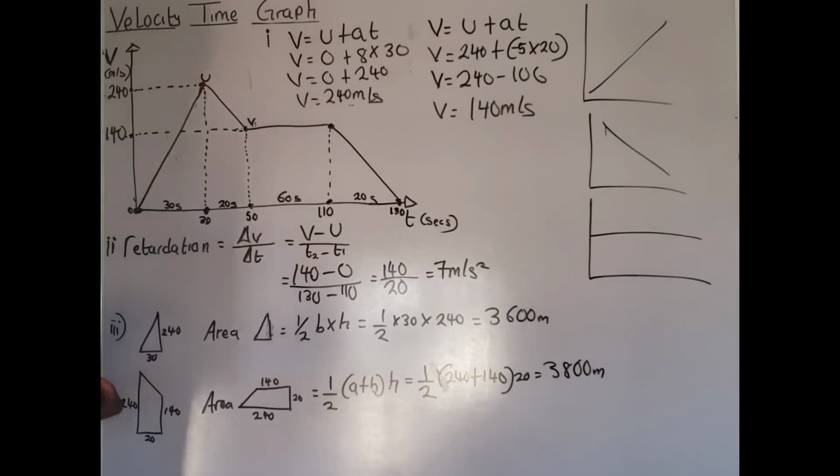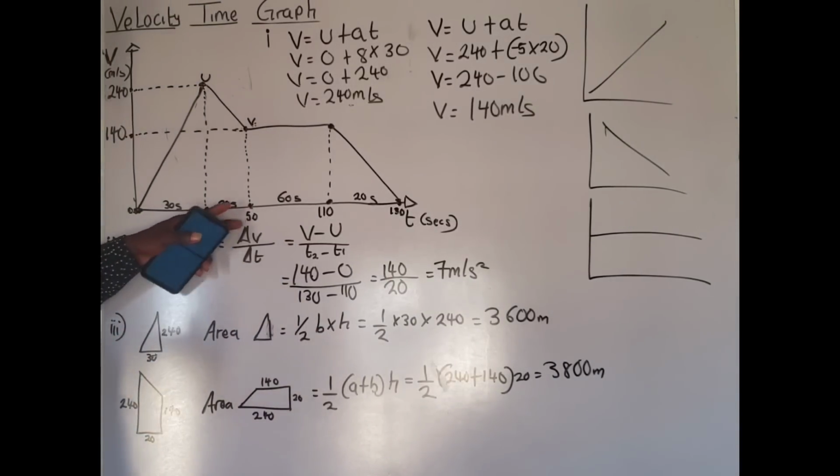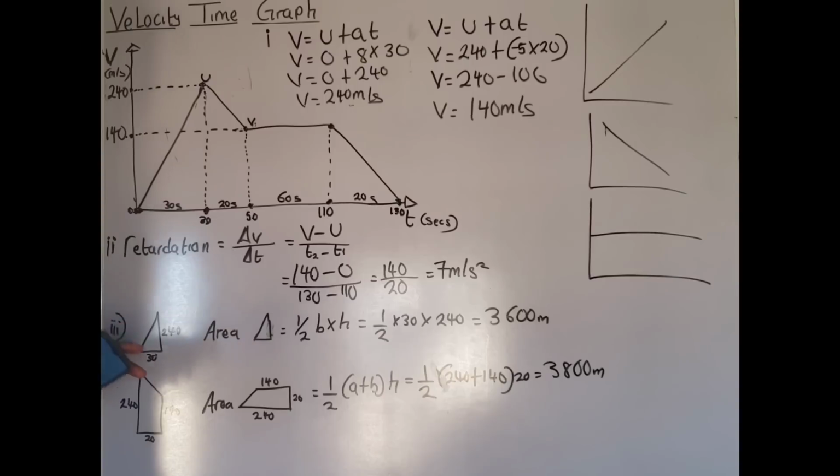Now the total distance traveled in the first 50 seconds is the sum of the area of this triangle and the area of the trapezium.